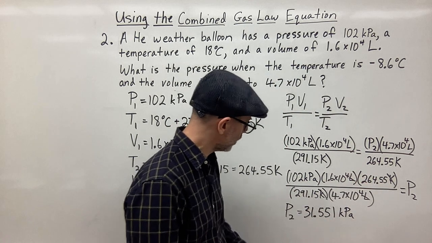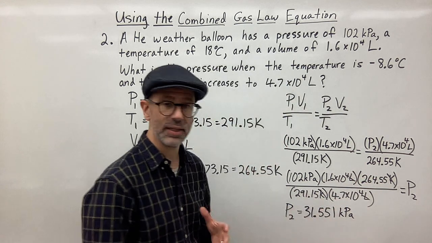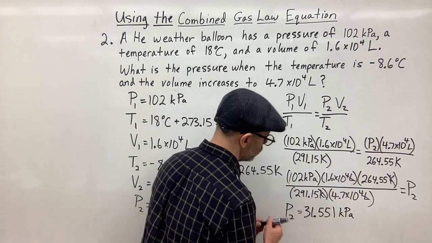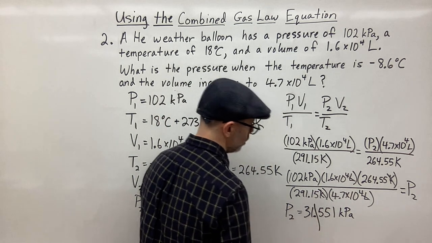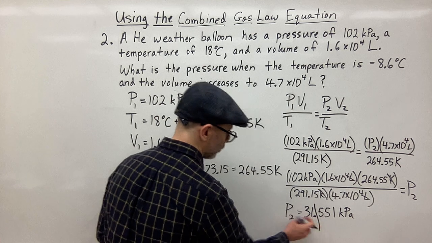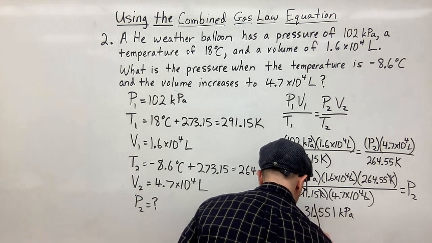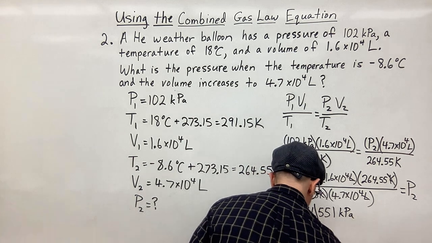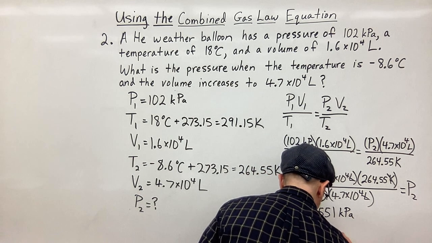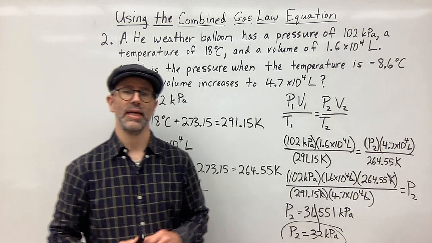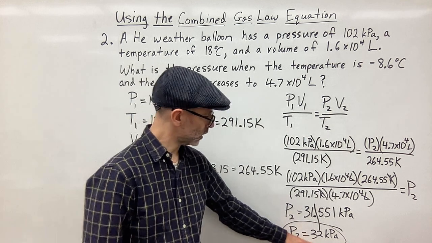We have 5 there, and we have 2 there. 2 being the least number. So we're going to have to cut it off at 1 and 2. So that means that we're going to have to round this to 32. So the final pressure is 32 kilopascals. So that, ladies and gentlemen, is the final answer.